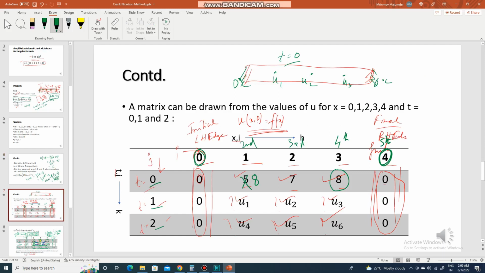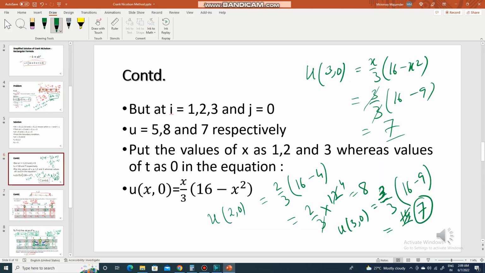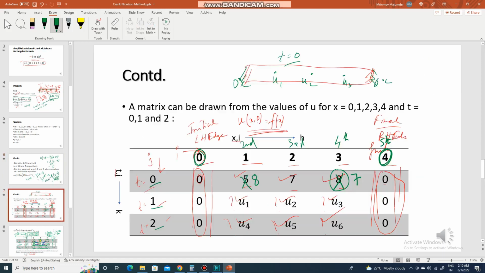So these will be 7. And the second value is actually 8.